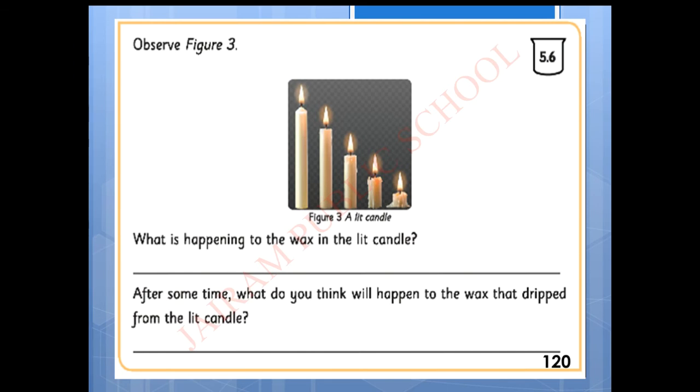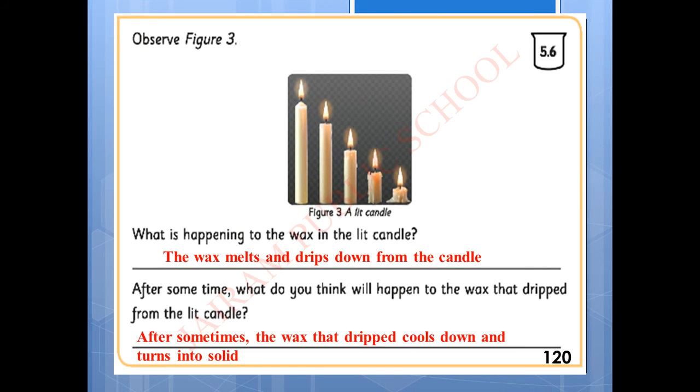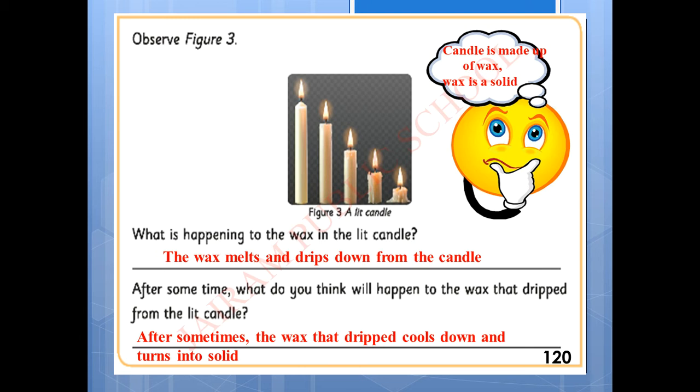Now, here is an activity in which we can find the changes in the state of matter. Here we have the melting candle activity, in which we already know that the candle is made up of wax and wax is a solid.